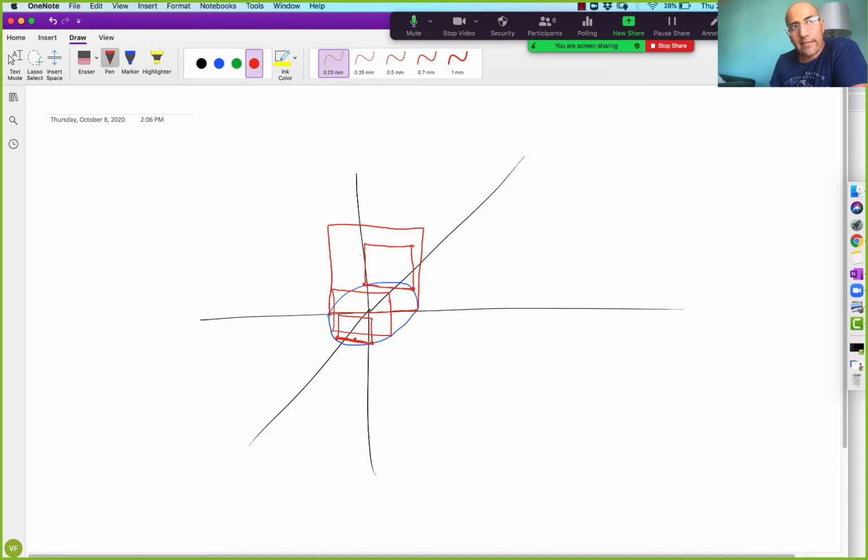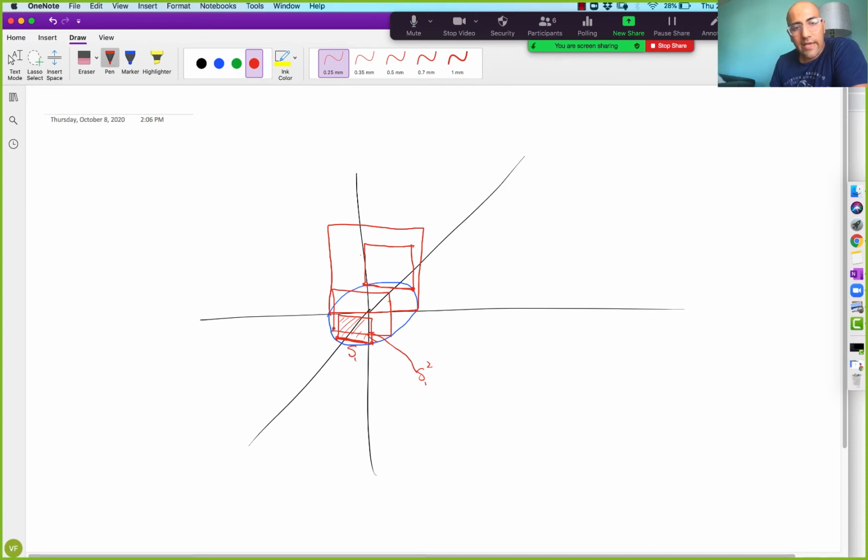If you multiply the side times itself, so side squared, s squared, let's call it s sub 1, that gives me the area of that square.